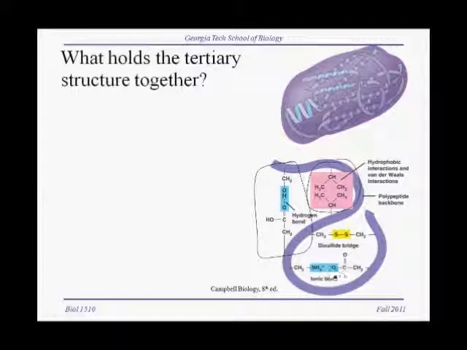Then other side chains, the ones that are ionized and carry positive and negative charges, can form ionic bonds. And finally, the cysteines, with their sulfhydryl groups, can form disulfide covalent bonds. So these are covalent bonds between the sulfurs, and they're very strong, and they have a special role in stabilizing the structure of proteins.